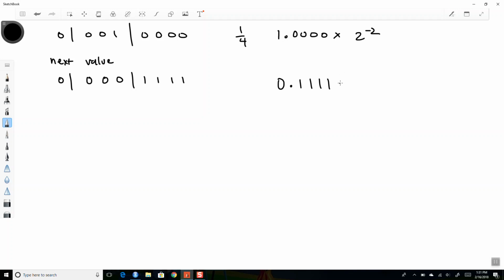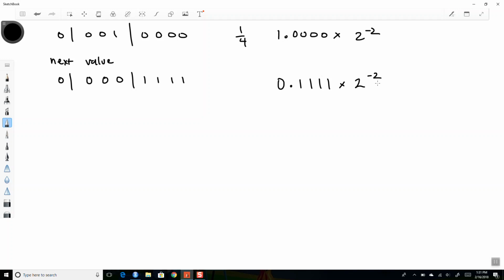And we are going to keep it at 2 to the negative 2. We're going to keep the exponent at 2 to the negative 2, and this would represent the next smaller number that we can do. Because if I decreased this from 1 to 0, and then I went from 2 to the negative 3, then we're taking a big jump.